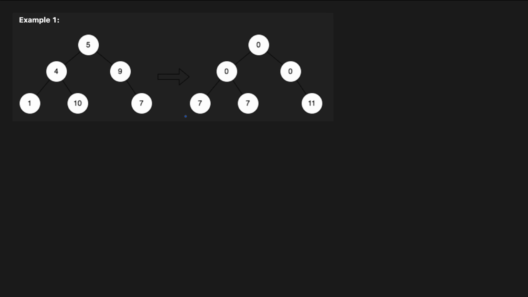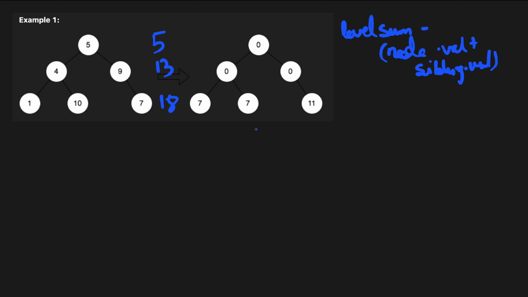Now coming back to our example, we have three levels and the level sum for level 1 will be 5, level 2 will be 13 and level 3 will be 18. And once we have calculated the level sum, the challenge is to replace a node's value not with the level sum, but with the level sum minus the node's value and its sibling's value if it exists.